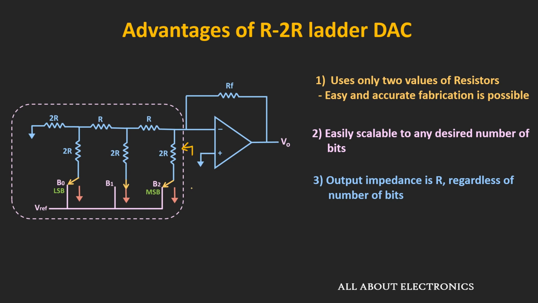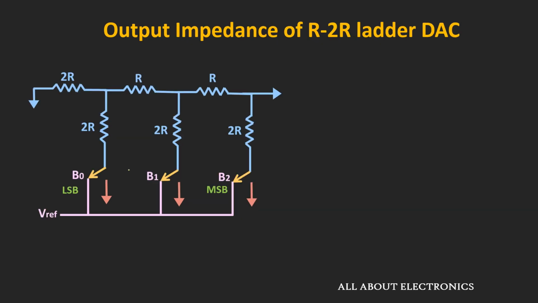Now before we move ahead, let me show you how the output impedance of this ladder network is equal to R. So here we will find the output impedance for this 3-bit ladder network. To find the equivalent resistance, let us assume that all the sources are 0. That means all these resistors are connected to the ground terminal.